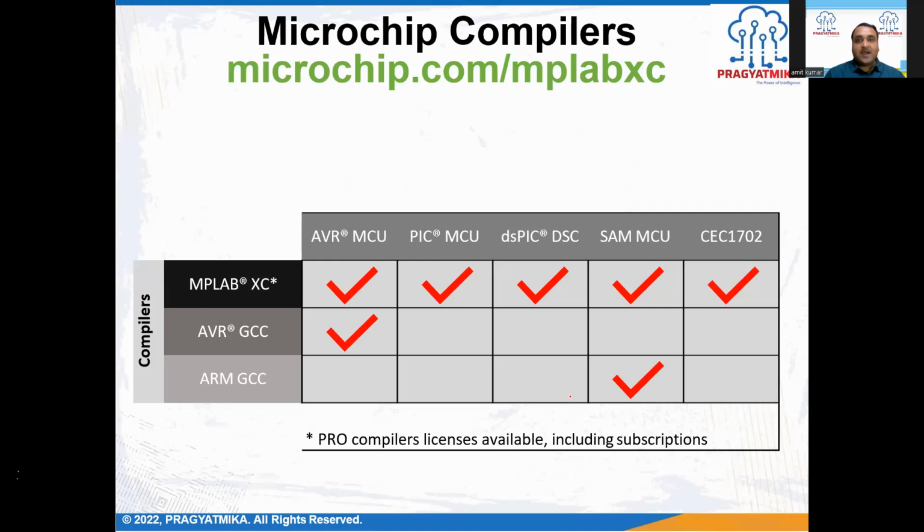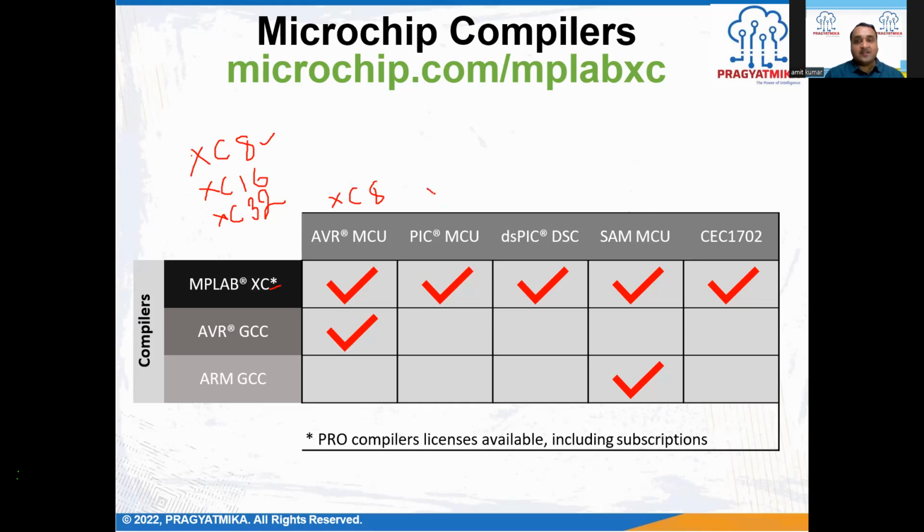Then we have the compilers. There are the MPLAB X compilers. For 8-bit microcontrollers, it is XC8. For 16-bit, it is XC16. And for 32-bit microcontrollers, it is XC32. So for AVR, it will be XC8. For PIC 8-bit, it is XC8.